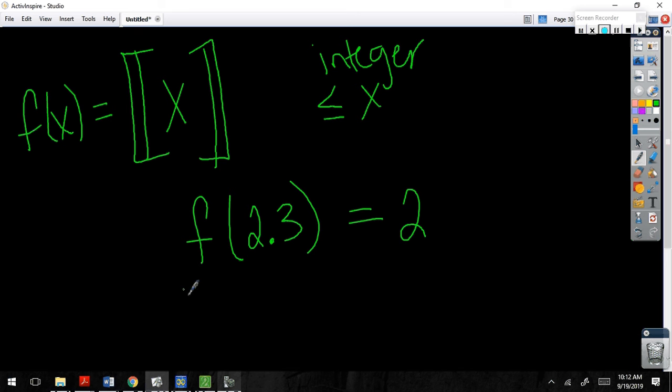Actually, let's do one more and see if you understand. It goes to the nearest integer below it. Just below it, okay? So if this was negative 3.7, yes, it would, Lily. You're absolutely right. It would go to negative 4 because just below it, okay?